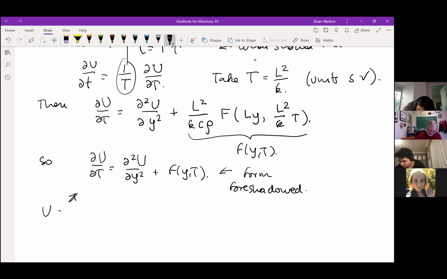U still has a scale. One of the interesting things about linear equations is, when you look at the size of the variable itself, well, it's linear, right?